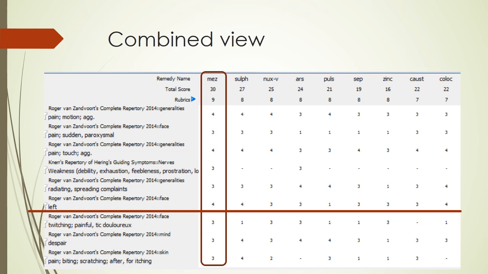So the following 5 remedies in fact are there just because they happen to cover virtually everything. So don't you find it surprising that Meserium has still turned up just on the basis of generalities without any very sharply focused particulars? That is the beauty of analyzing with the correct approach.